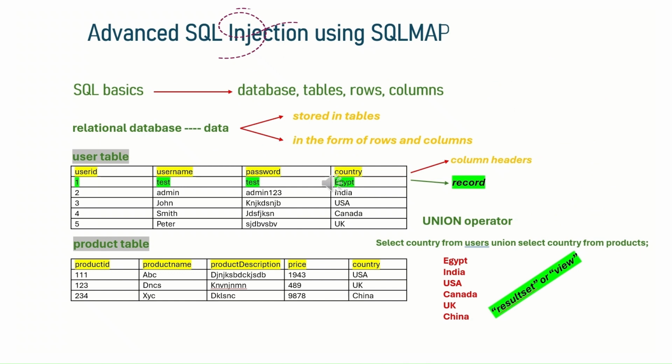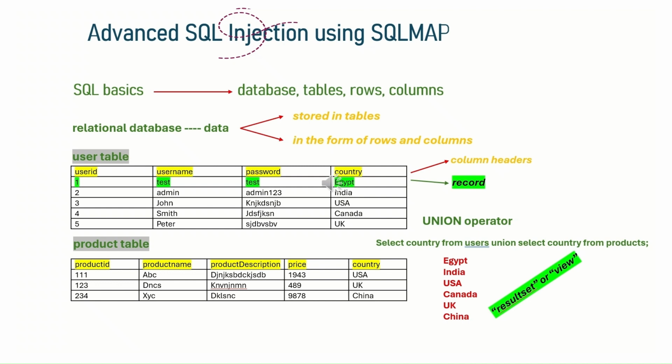Okay, before we get into hands-on with SQL Map, let's refresh some basic stuff. So when it comes to databases, we cannot neglect the importance of tables, rows, and columns. In a relational database, I'm being specific here because there are other types of database, for example, hierarchical. Anyways, in a relational database, data is stored in tables in the form of rows and columns.